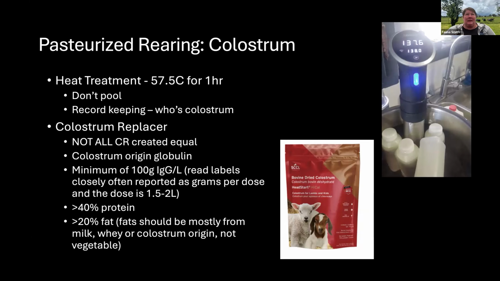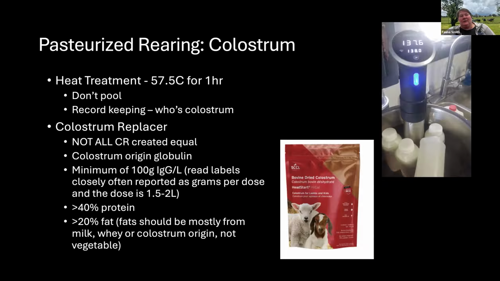Depending on the size of the herd, a lot of the herds that we deal with are not huge dairy herds. I have commercial dairies everywhere from 50 goats to about 1,200. It's not really cost effective for them to buy a whole colostrum pasteurizer. So the sous vide method works really well.